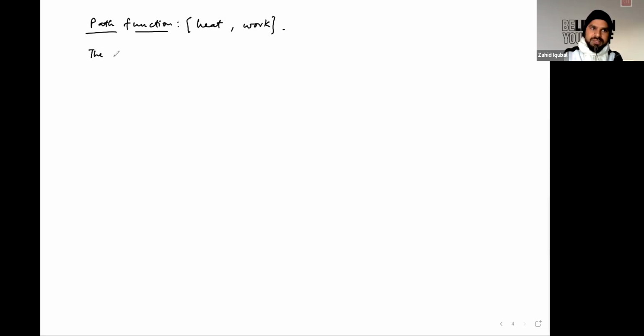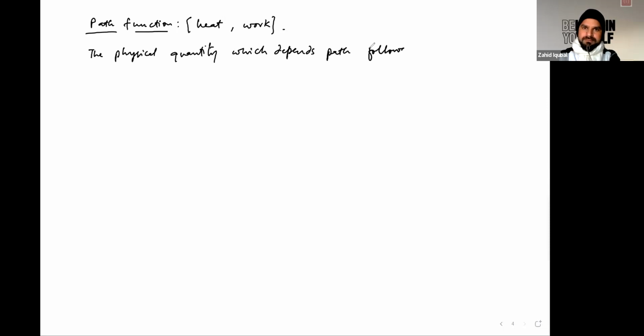So the physical quantity which depends upon the path followed by the gas is termed as a path function.